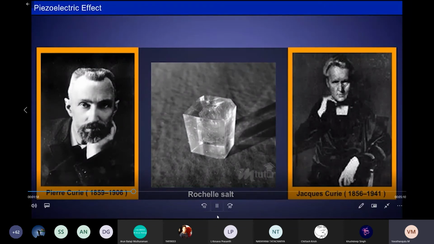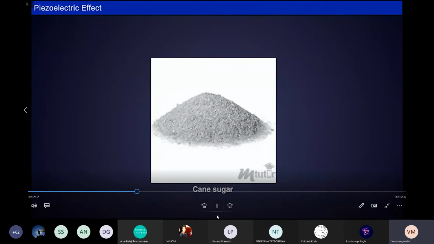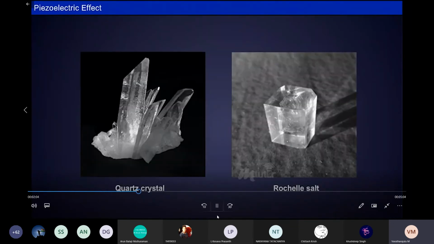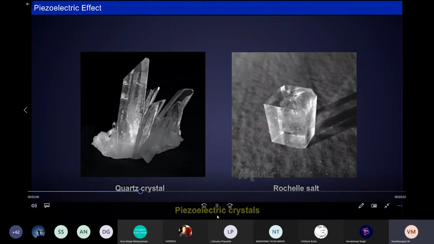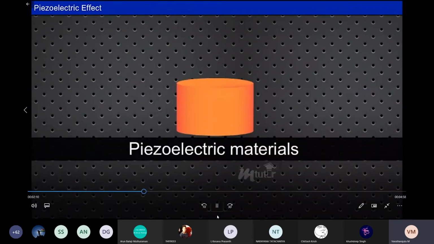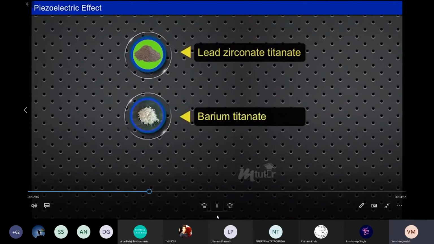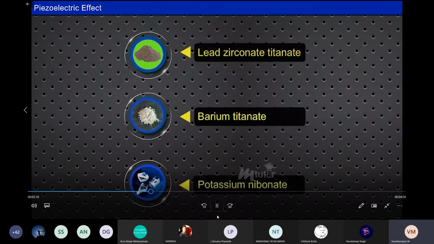Other such materials are topaz, tourmaline, and cane sugar. The crystals which exhibit piezoelectric effect are known as piezoelectric crystals. Piezoelectric materials such as lead zirconate titanate, barium titanate, and potassium niobate can be grown artificially.